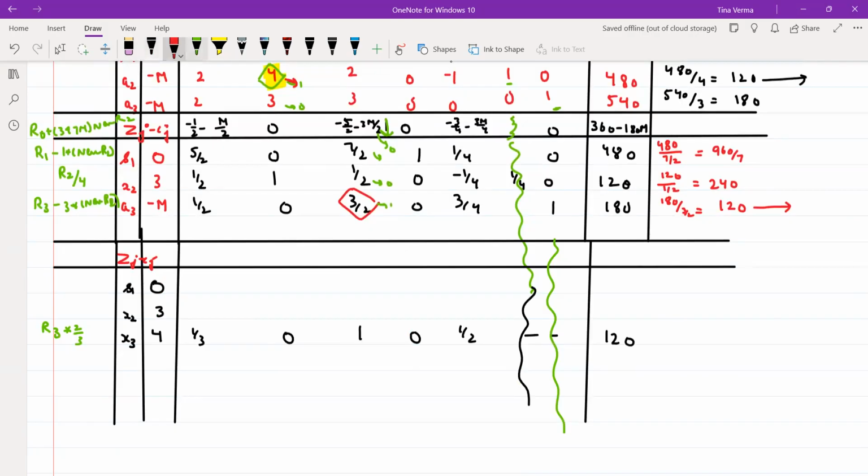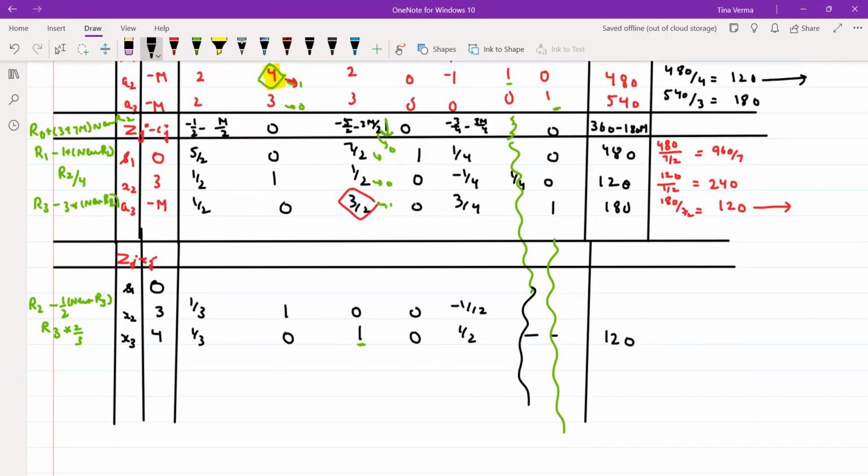The operation here you will apply: you have to make this element 0 with the help of this 1. So you can apply the operation on R2. That will be R2 minus half into your new R3. When you apply the operation, it will become 1 by 3, 1, 0, 0, minus half.